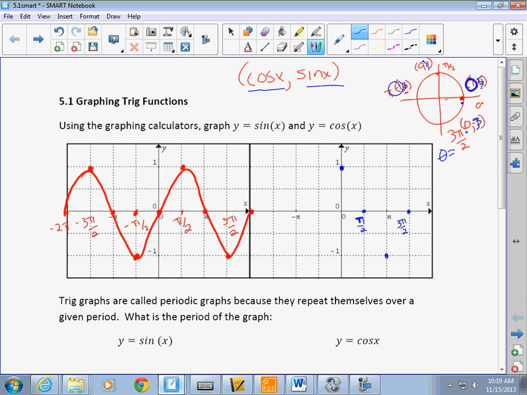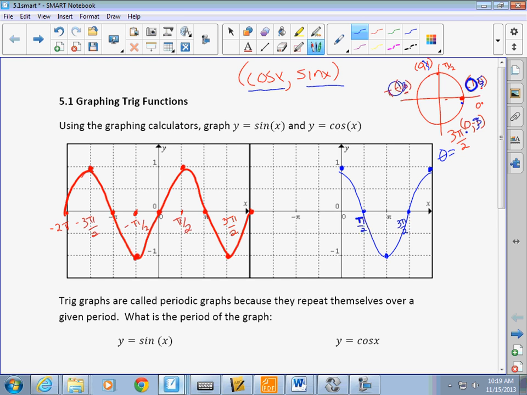Okay? But at 2 pi, so at 2 pi is 0, right? Right, so at 2 pi, when I'm back up here, my cos is not 0, it's 1. Oh, yeah, I circled it. That's a circle, so it starts out going like this.